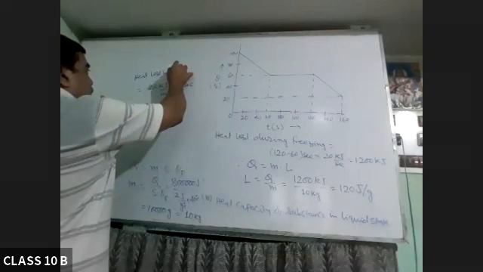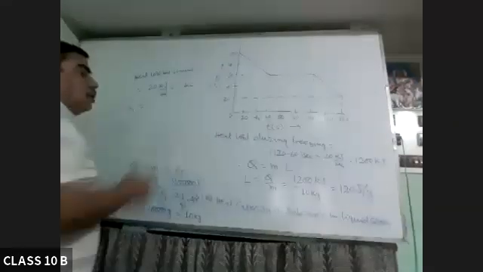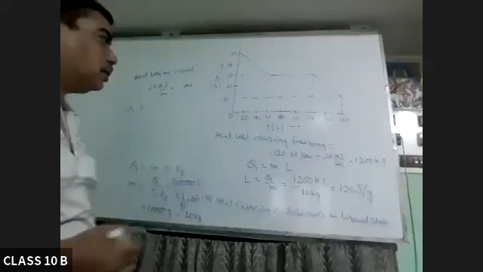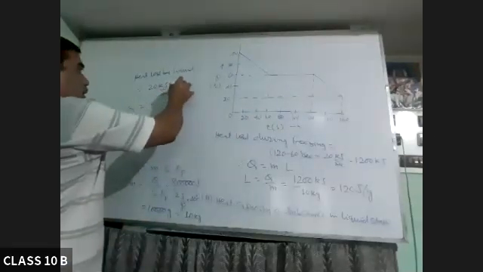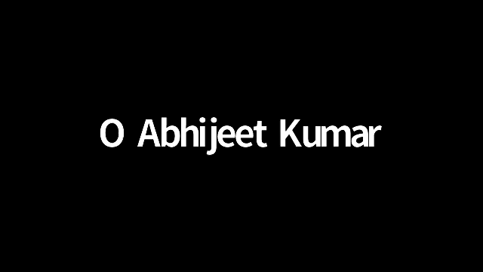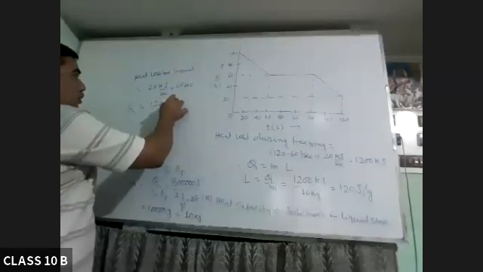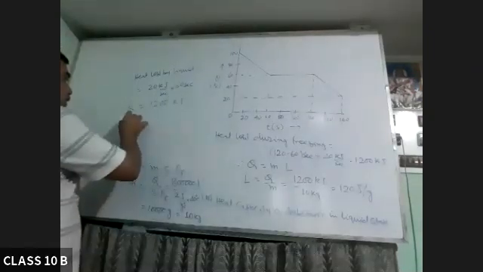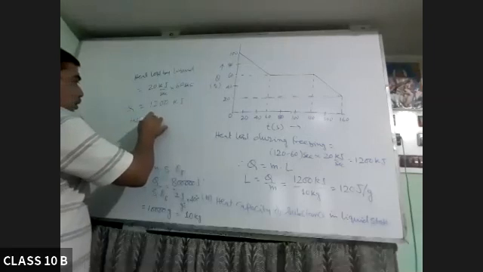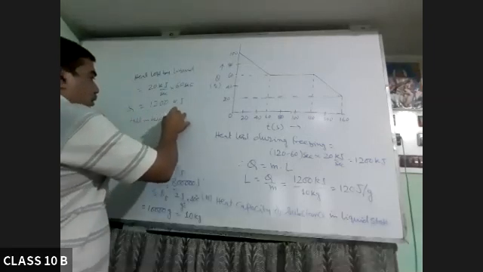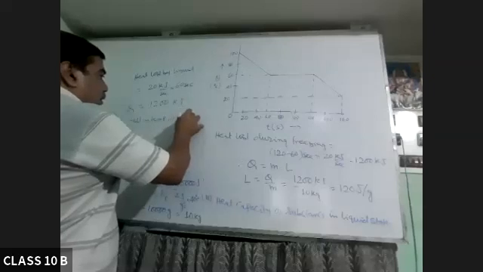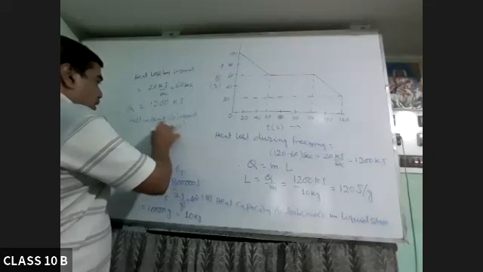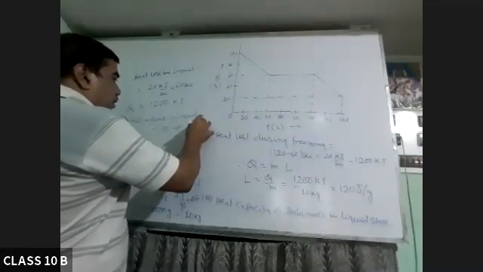Rate of cooling is this much, and how much time has it taken? 60 seconds. So again it is 1200 kilojoule. What is the fall in temperature? 100 minus 60, 40 degrees Celsius.